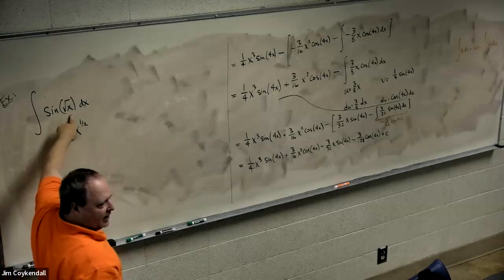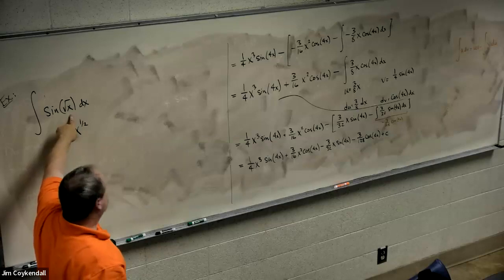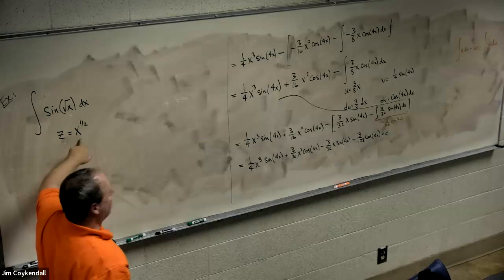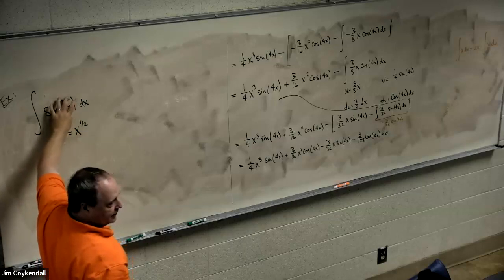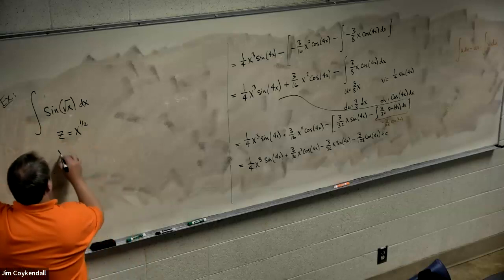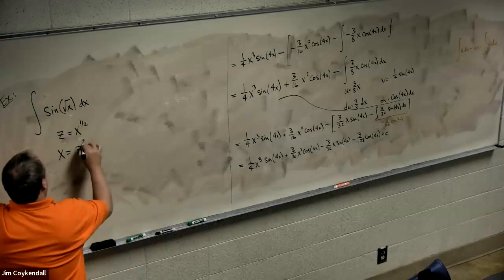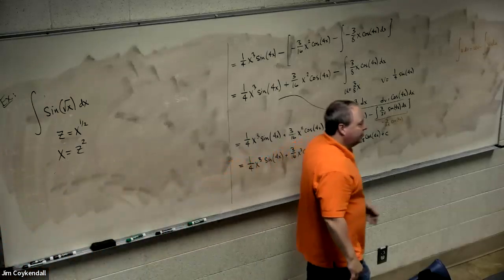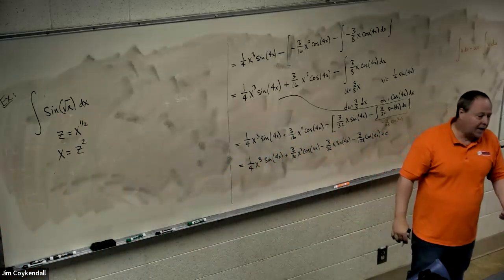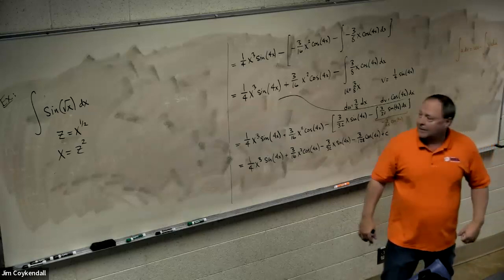Everybody agrees that the square root of x is kind of messing things up a little bit. So let's do this: z is the square root of x. Let's write that x is z squared, right?